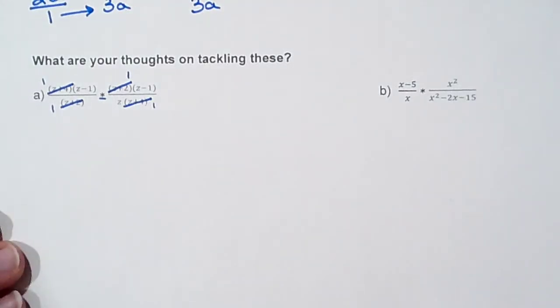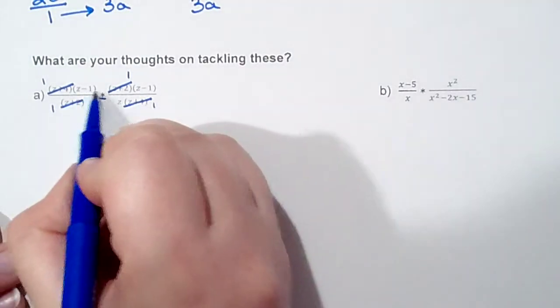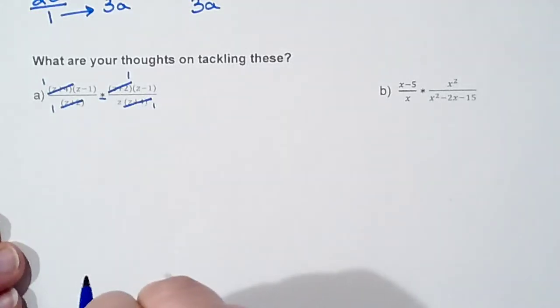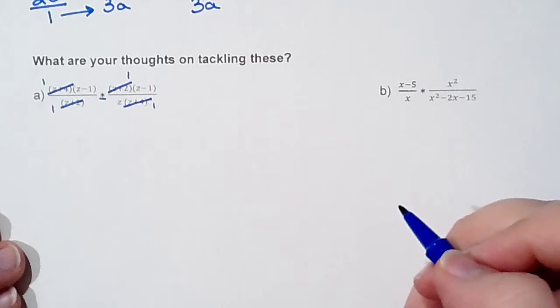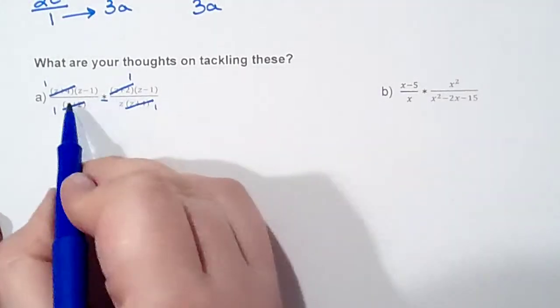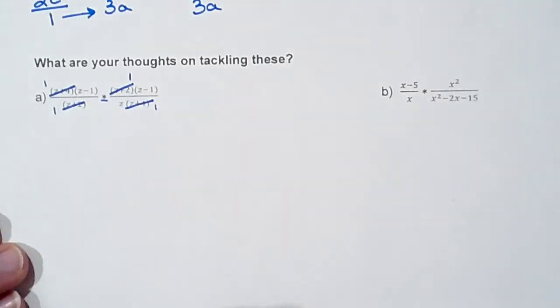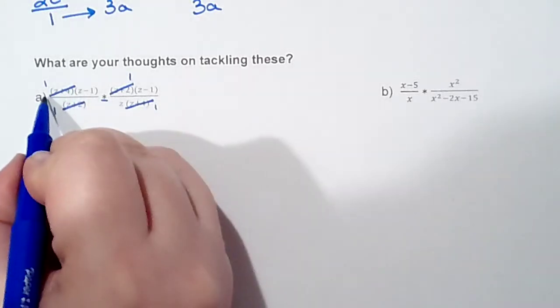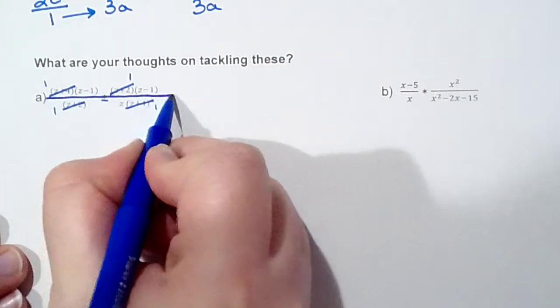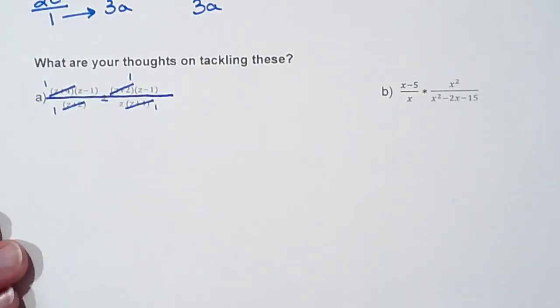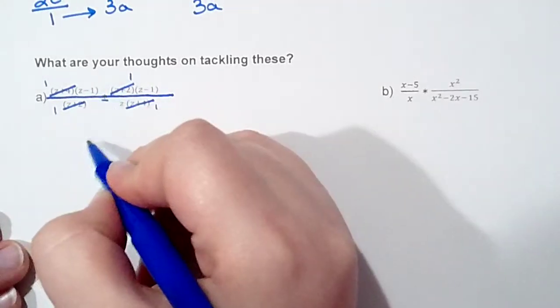Now here's the tricky bit. I have a z minus 1 on top and a z minus 1 on top. But I can't reduce those. Why can't I cross reduce those? It has nothing to do with what side of the multiplication sign they're on, and it has everything to do with what side of the line they're on. They don't divide by each other like these do.